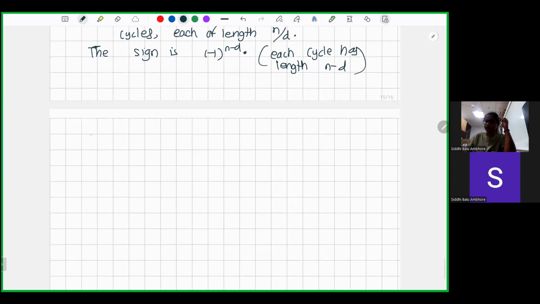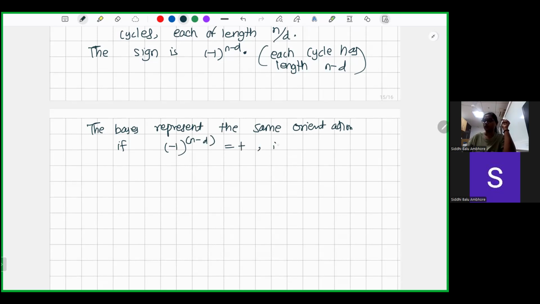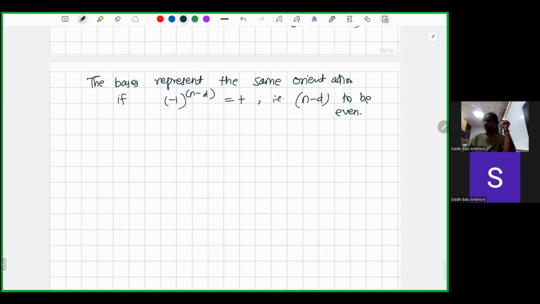Okay, so the bases represent the same orientation if minus 1 power n minus d is plus 1. That is, we want n minus d to be even, where d is the GCD of r minus 1 comma n.